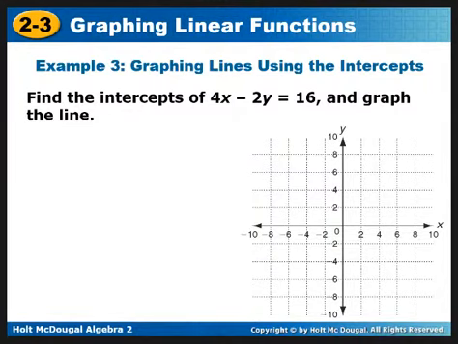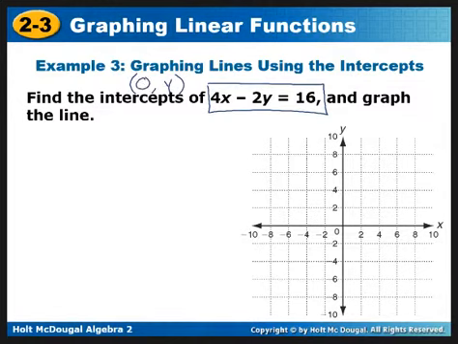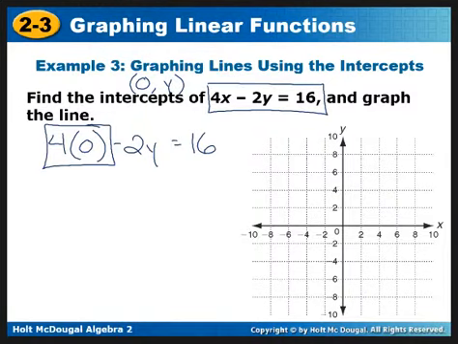If I look at the equation I'm given up here, I'm going to start with my y-intercept. Now remember, again, it does not matter what my value of y is. My x value is always going to be 0 on a y-intercept. So I'm going to take that equation I'm given, and in place of the x, I'm going to fill in 0. And now I'm going to manipulate that and solve for y. So in this case right here, 4 times 0, fairly simple. That's going to end up being 0.